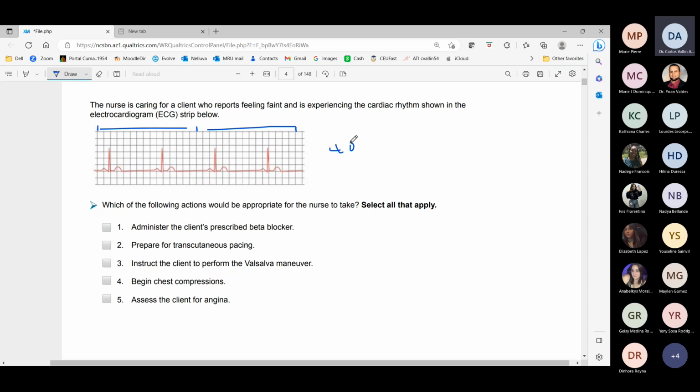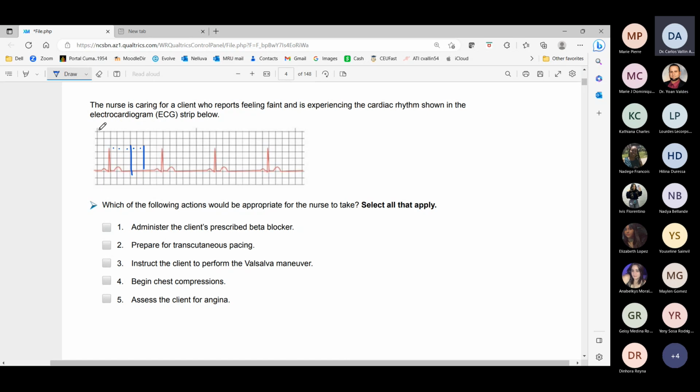So you have different ways of knowing the heart rate. You can memorize that we should have between 3 to 5 big boxes between the QRS complexes. More than 5 boxes is a bradycardia. Less than 3 boxes is a tachycardia. So quickly you can know if it is a tachycardia or bradycardia.